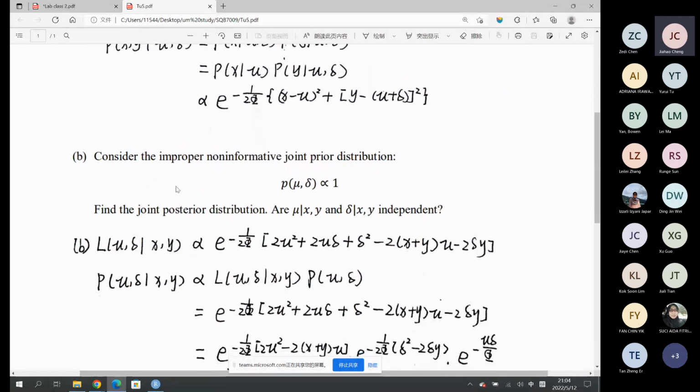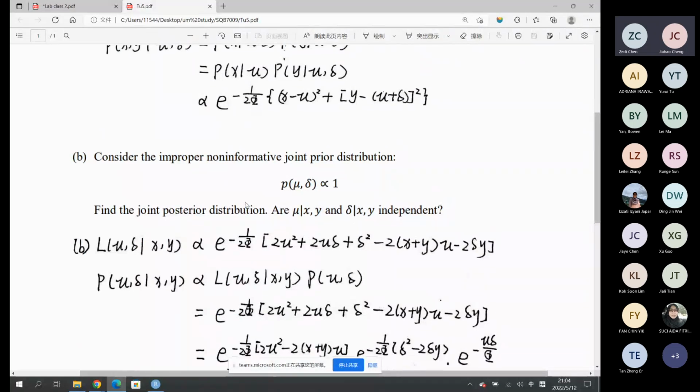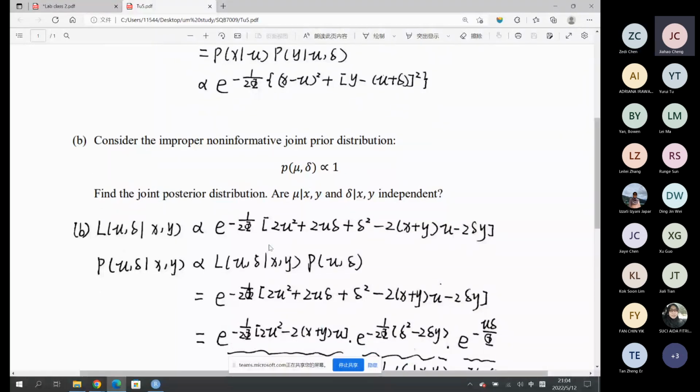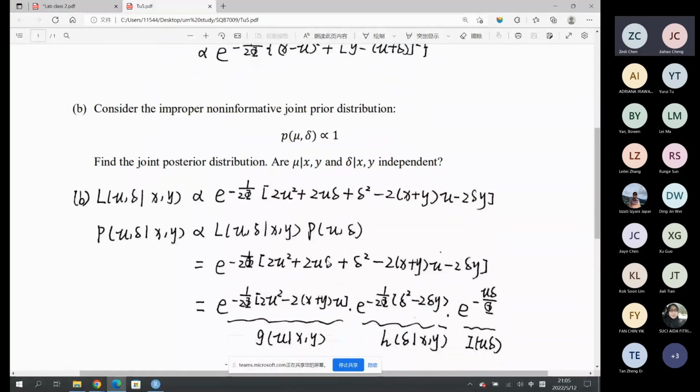And B, consider the joint prior distribution to find the joint posterior distribution. From A, we can get the likelihood, just ignoring the X squared and the Y squared. The joint posterior distribution is the product of the likelihood and the prior.